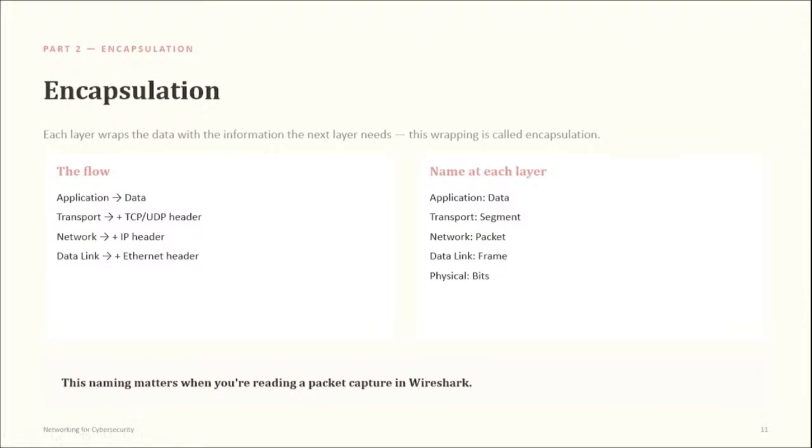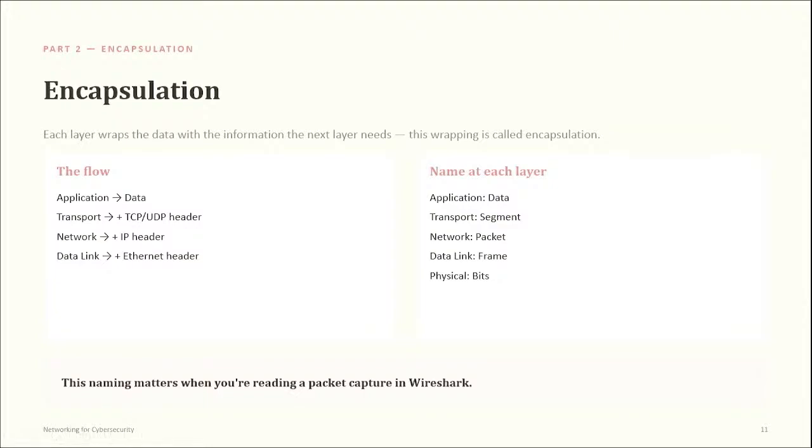Each layer wraps the data with information the next layer needs, down to the data link, the network, the transport, until it gets to the application layer. This wrapping is called encapsulation.